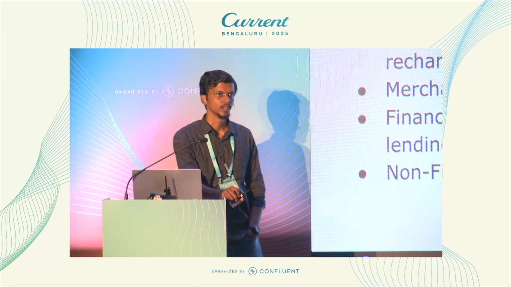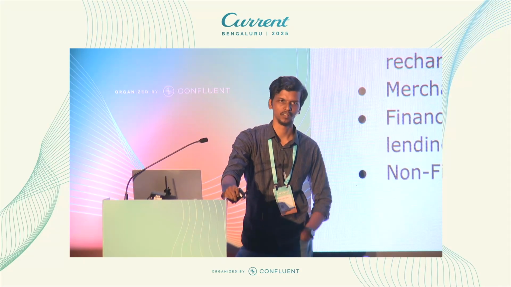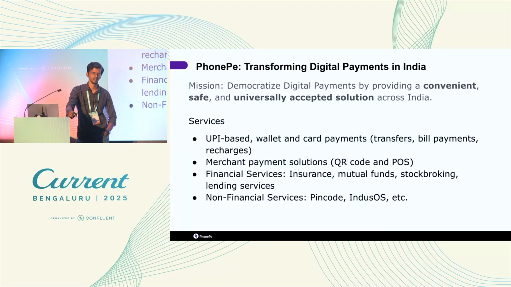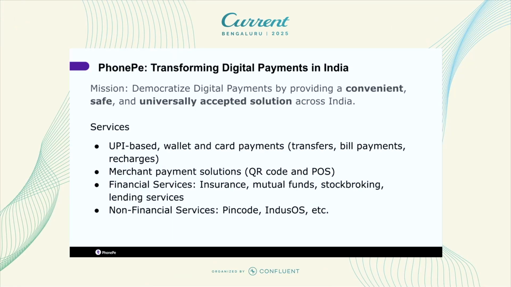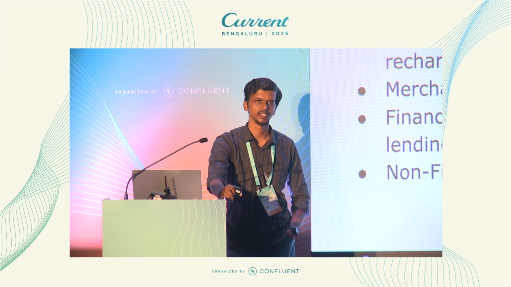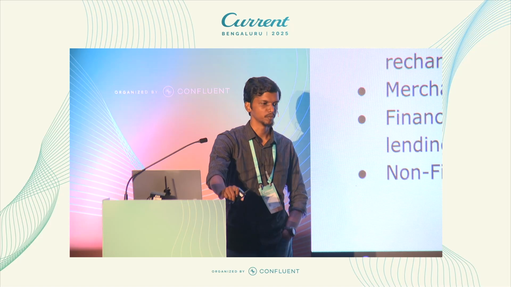About PhonePe, we are a fintech company founded in 2015, and our mission is to democratize digital payments by providing a safe, convenient, and secure solution which is accepted all over India. To that end, we offer several different services, some of which you find below.